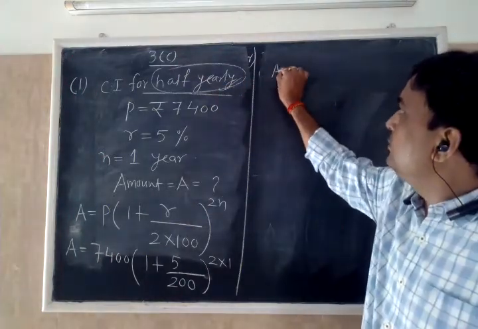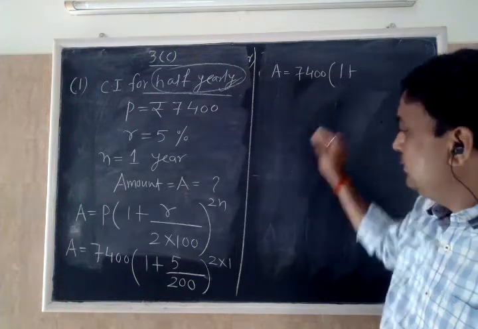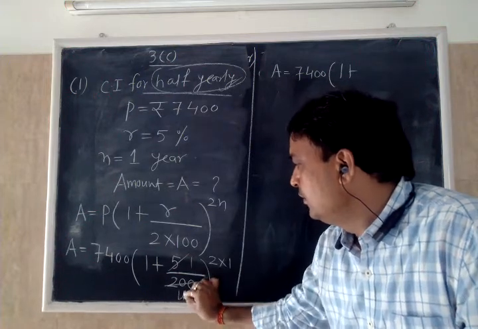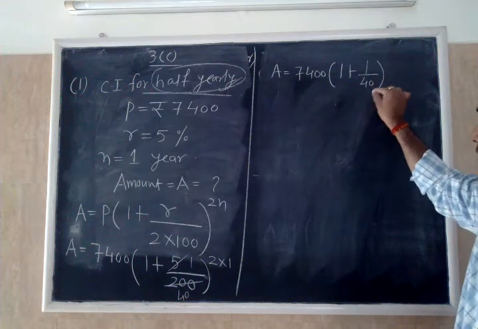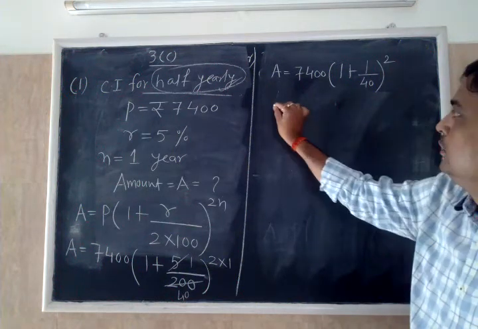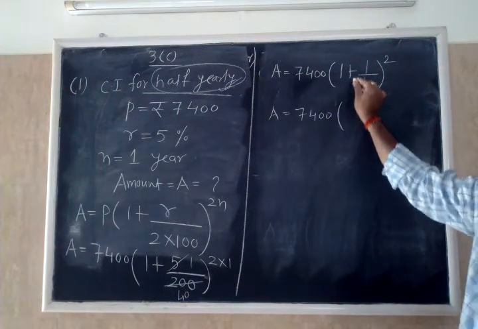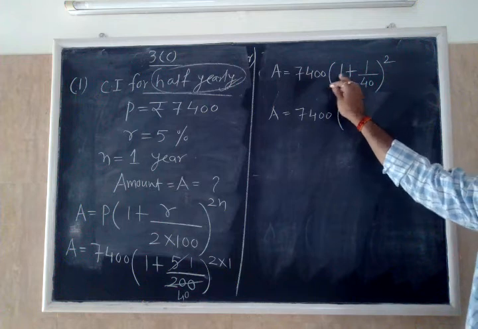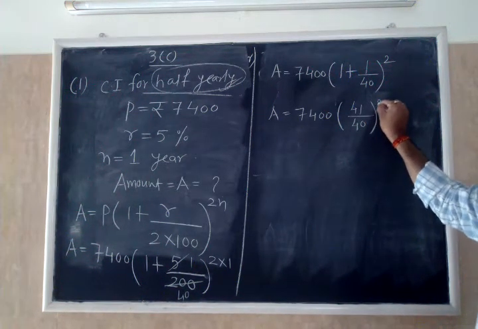So A is equal to 7,400 into 1 plus, you can cancel 5, 1 is 5, 40. So 1 plus 1 upon 40 raised to 2. Let's simplify: 40 plus 1, 41 upon 40 raised to 2.